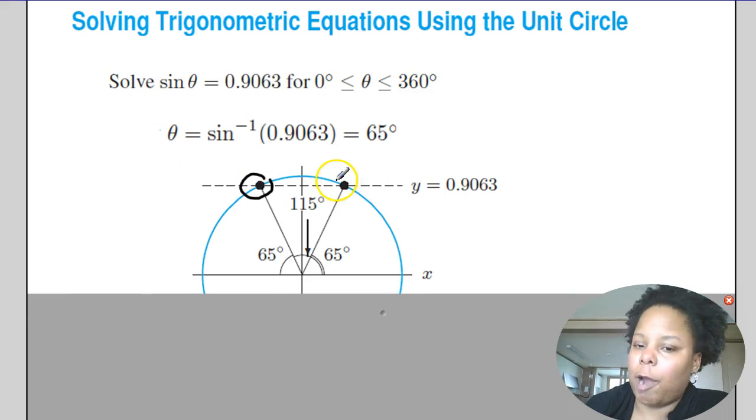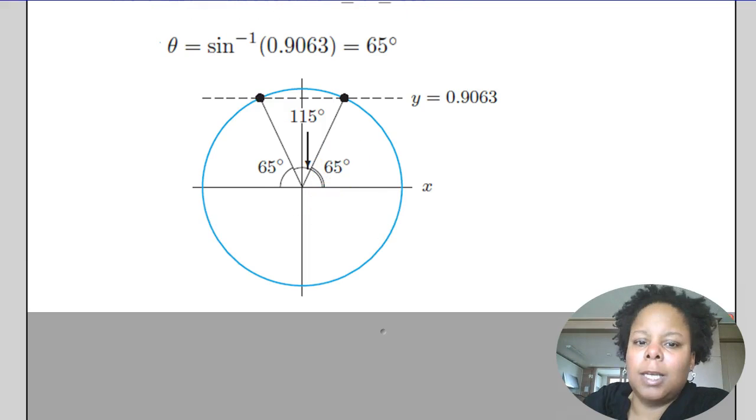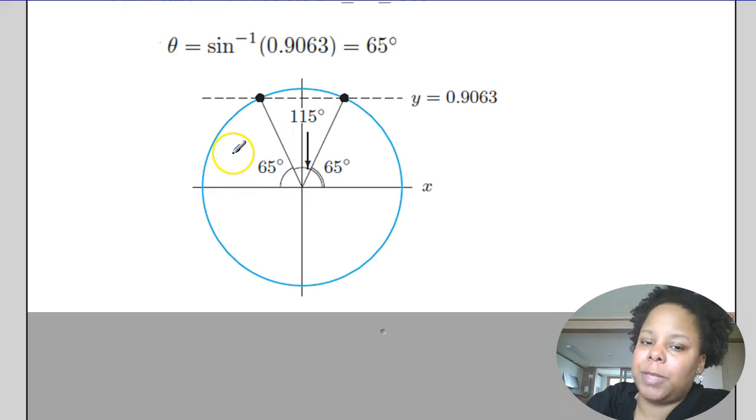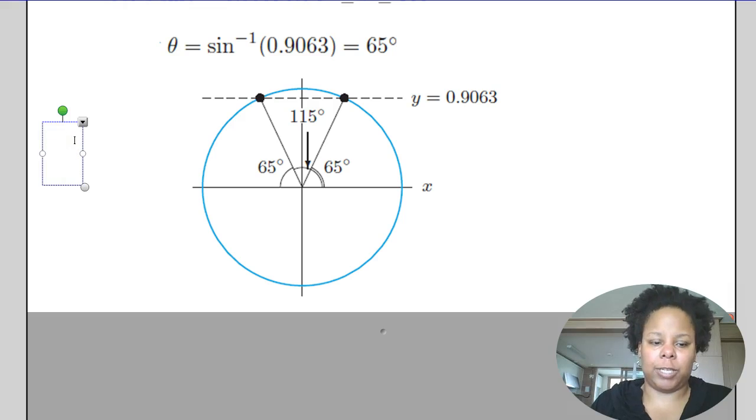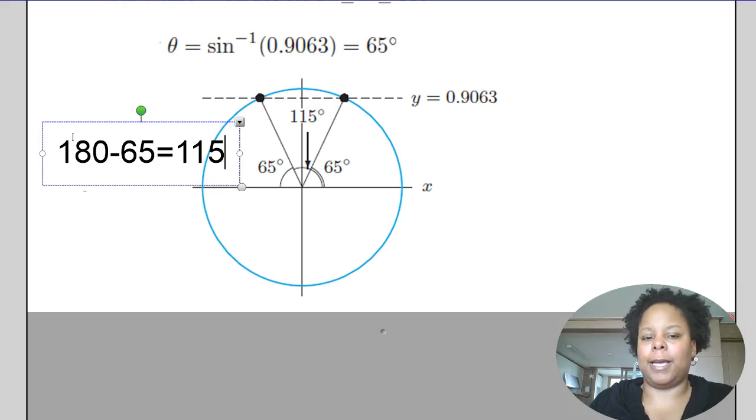So if I'm going to figure out all the answers that have a sine value of 0.9063, I can use the unit circle. Using the unit circle, I'm looking for another angle that makes 65 degrees with the x-axis, but this time in the second quadrant. And I can find that angle by taking 180 degrees and subtracting 65, and I get 115 degrees.